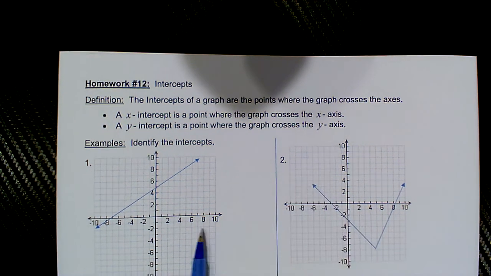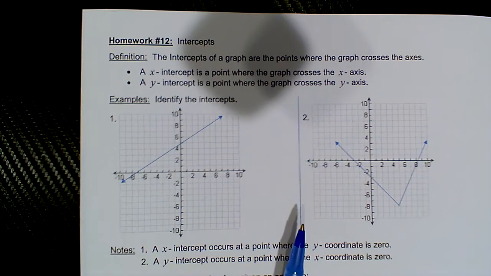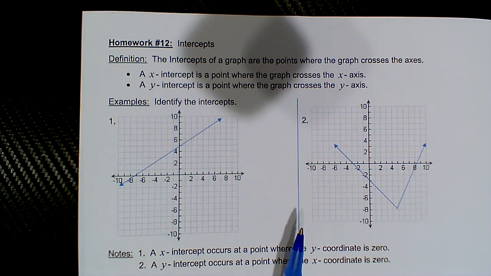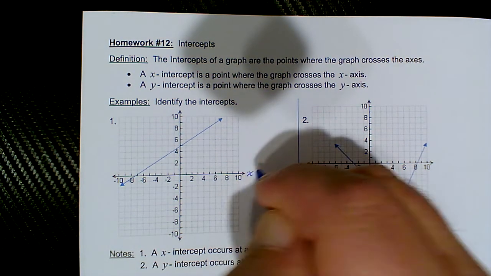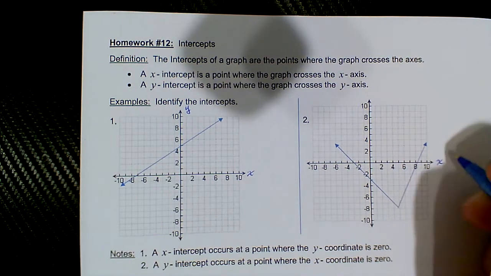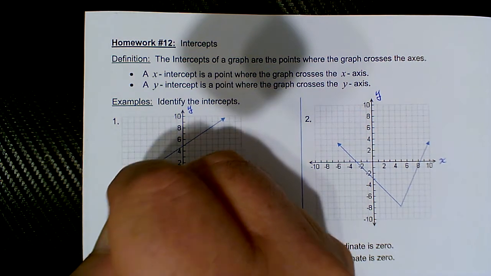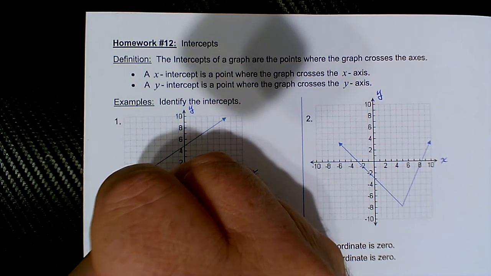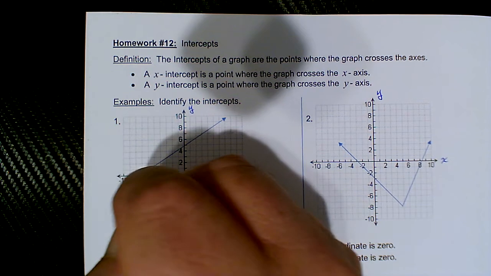So if we are given the graphs, like in these first two examples, all we have to do is identify the intercepts. Let's go for the x-intercept first. These axes should be labeled x and y, right? Let me do this one ahead of time. If I want the x-intercept, I can identify the point right there on the x-axis.